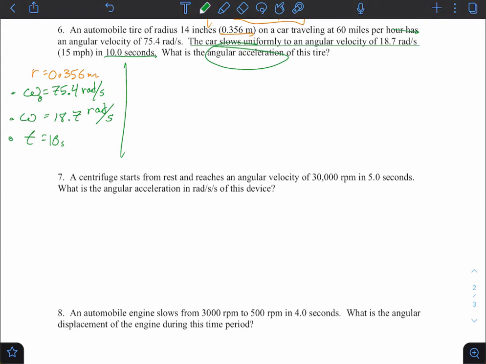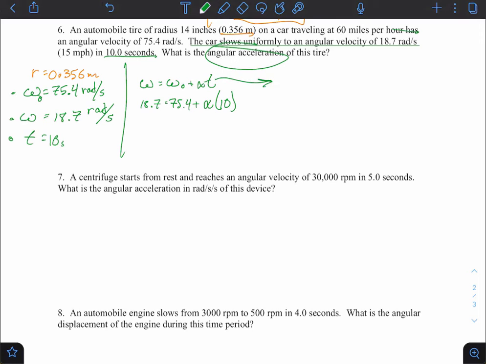We can use the first equation to solve for acceleration. Omega equals omega naught plus alpha t. 18.7 equals 75.4 plus alpha times 10.